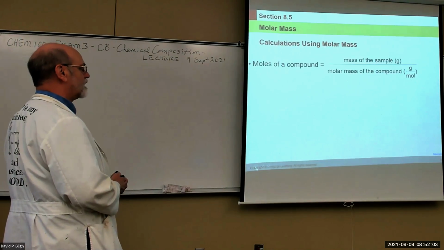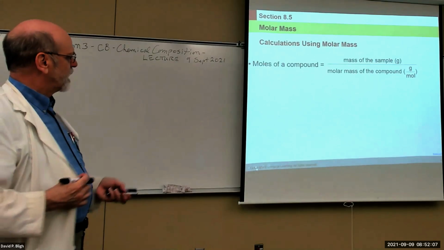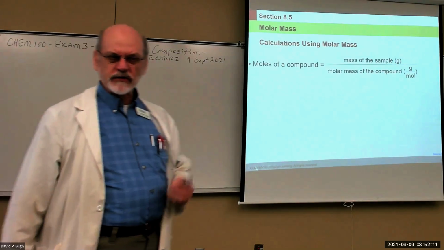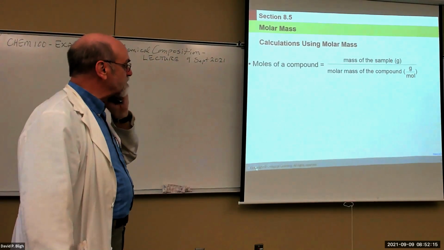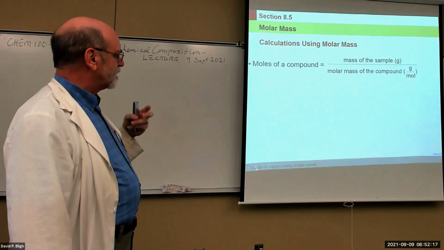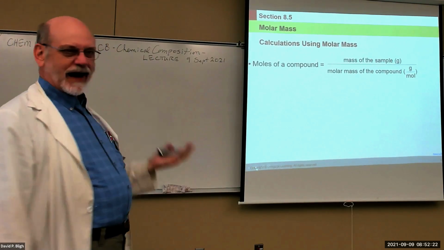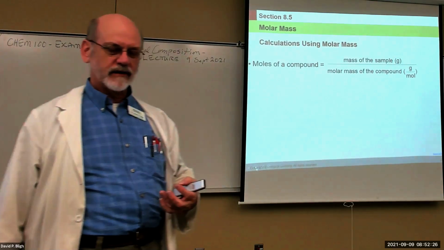Let's see. I don't know that this might be confusing. I mean, it's true. That formula is true. But I don't like just memorizing formulas. I like to know how they're put together.